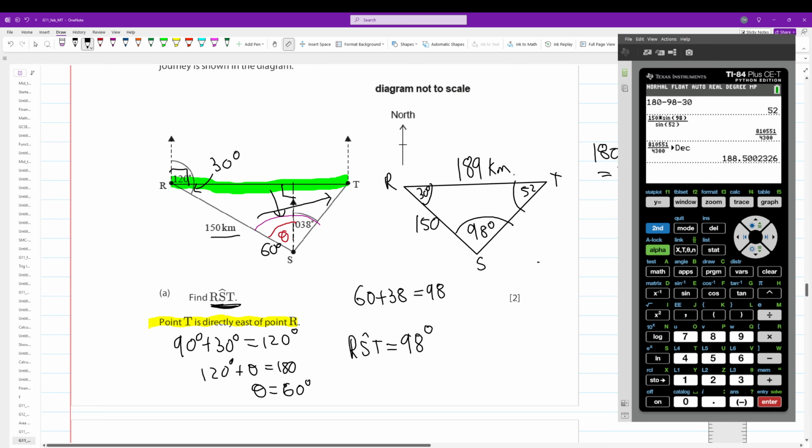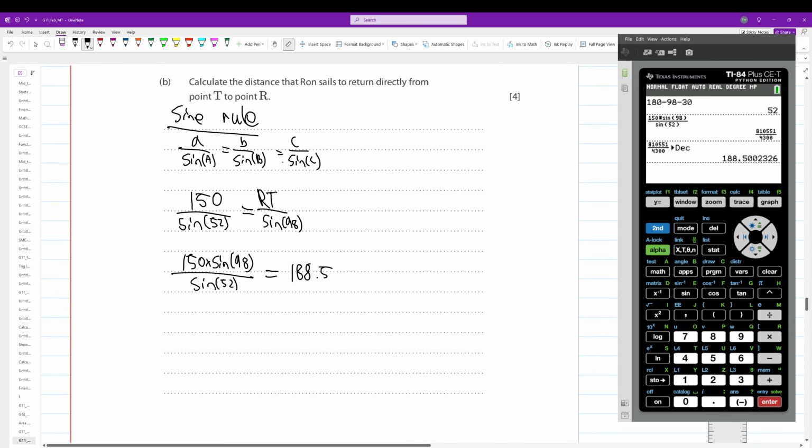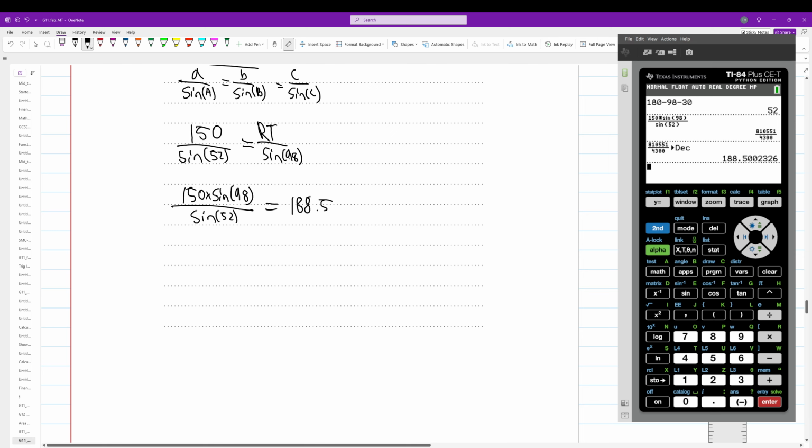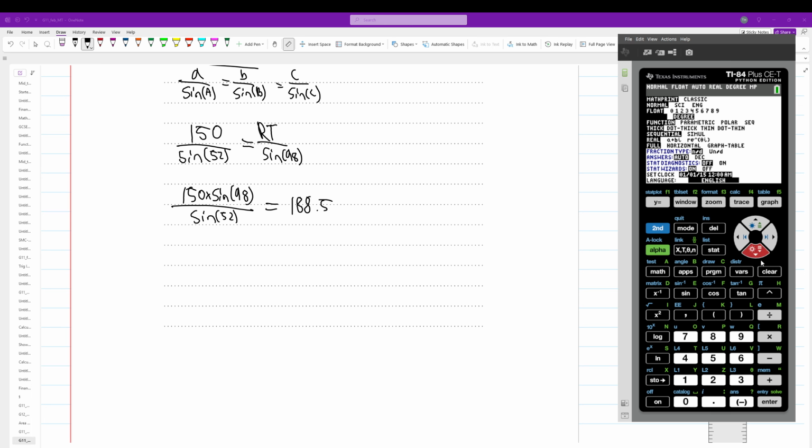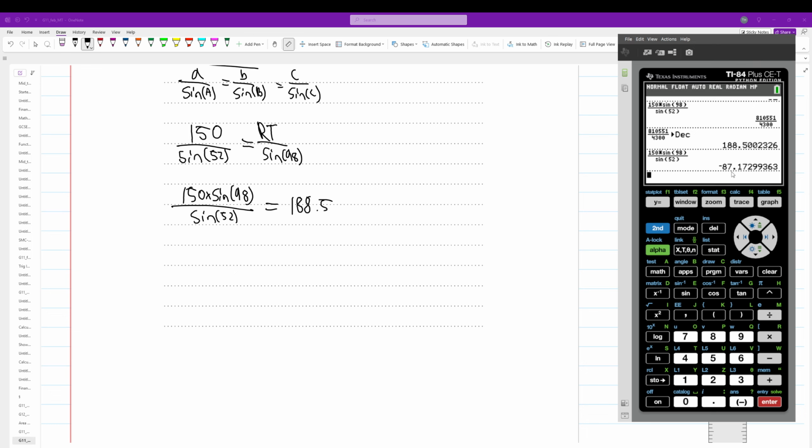I should probably answer the question, well, what would we do if it didn't feel right? Or when might this not feel right? I will show you when this might not feel right. And this is if my calculator, by mistake, is in radians. Because if I do this in radians, I get a negative length, so it's definitely wrong.